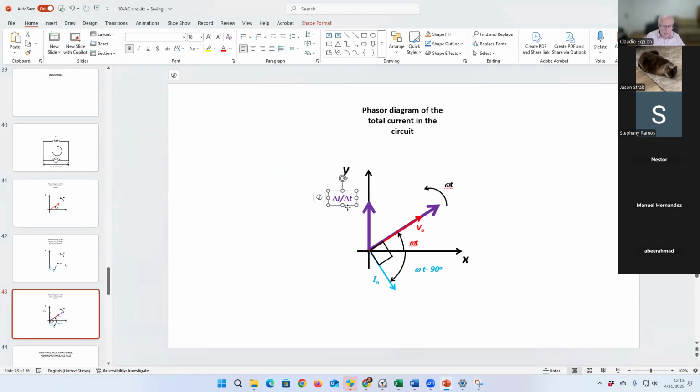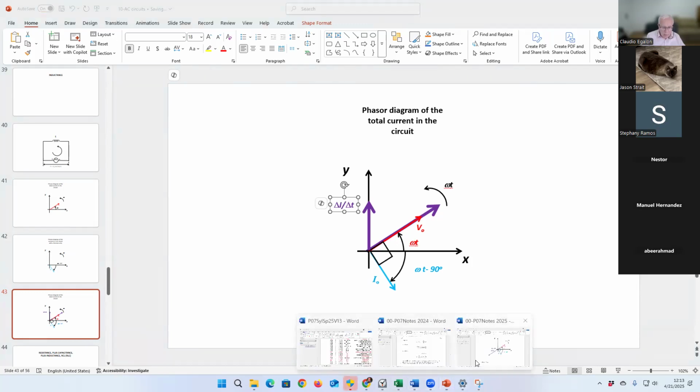And this whole vector, you have to look back at our equation.